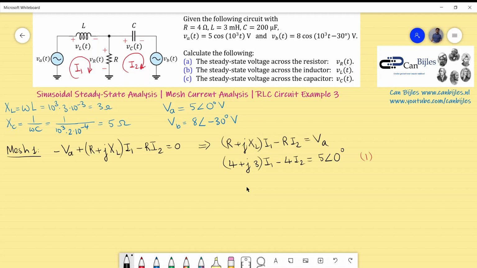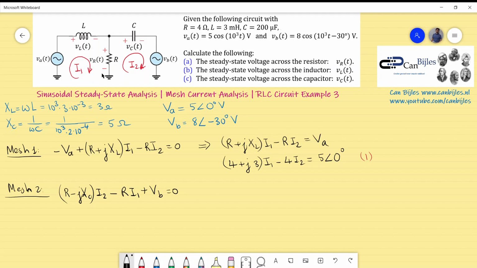Now I will move to develop the equation for mesh 2, which is I2. How do I start? Again, I can start here, but the positive orientation is I2 in this case, so I will have R minus j XC, because it is a capacitor, times I2, and then minus R times I1, which is in the opposite direction, and plus VB, which is 0.